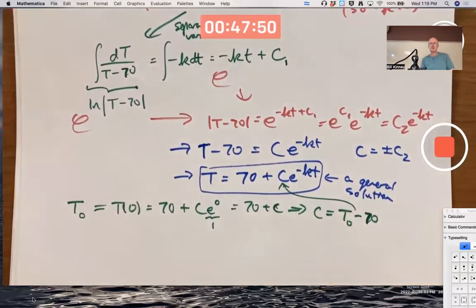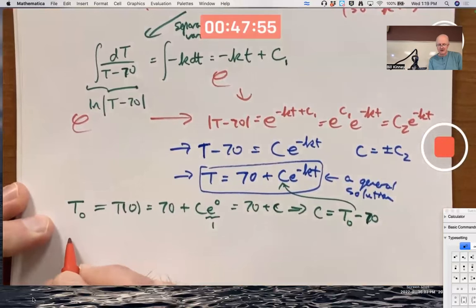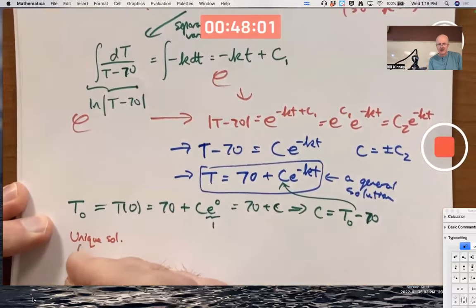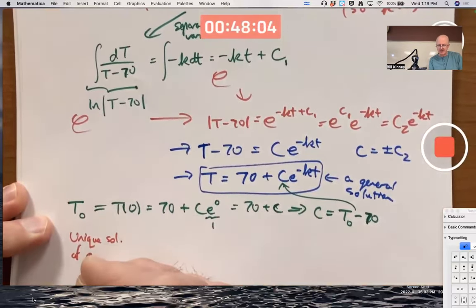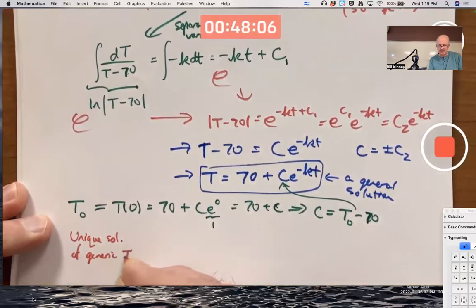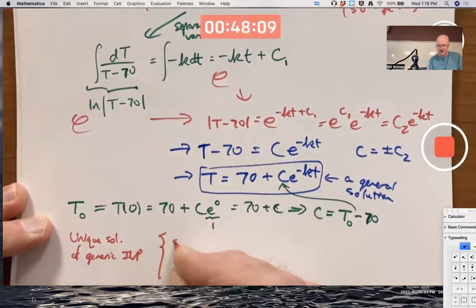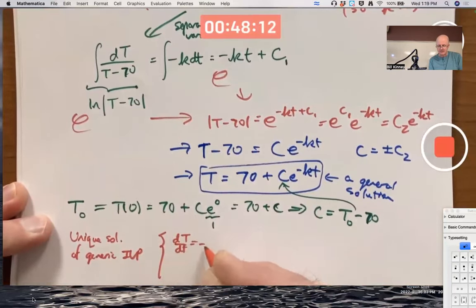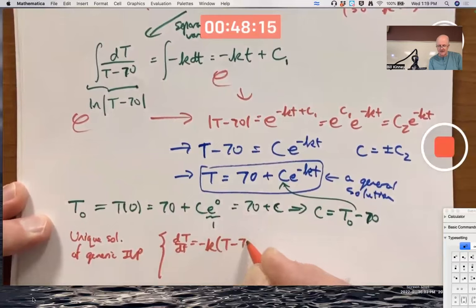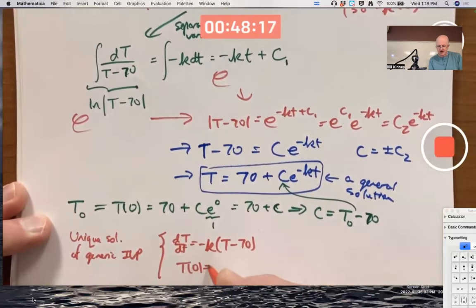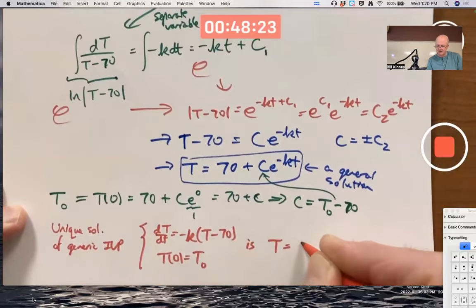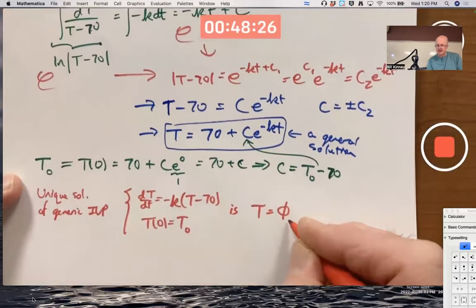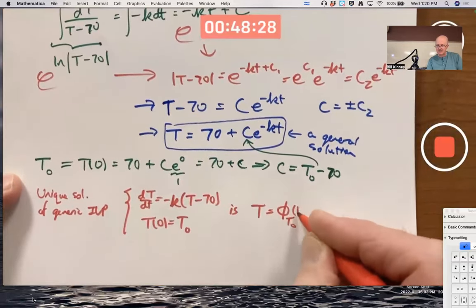And now I'm going to use the function notation. So my unique solution of what I call a generic initial value problem, generic IVP, consisting of the differential equation and the initial condition that is arbitrary but fixed, is capital T equals, let's use phi for the function name, phi sub T0, that's the initial condition, of little t.